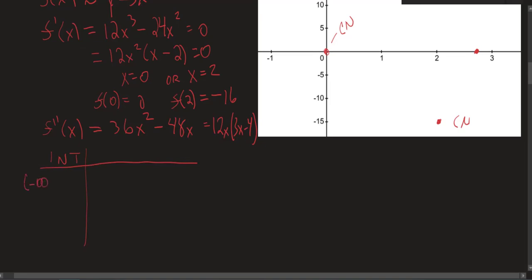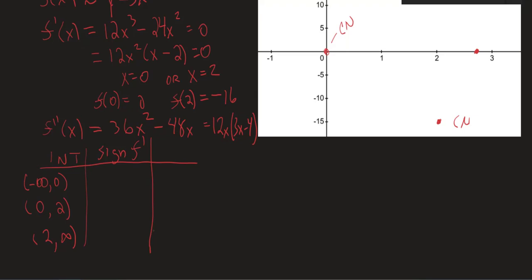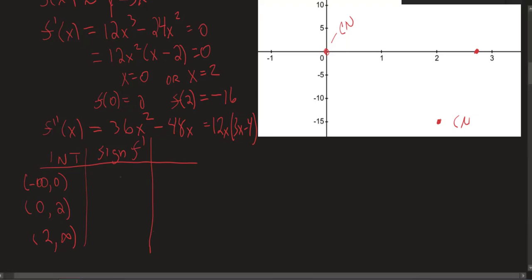So negative infinity to 0, 0 to 2, and then 2 to infinity. Then we're going to look at the sign of f prime. So all we do is pick a value on that interval and test it in the derivative. So if I do x equals, let's say, -1 and plug it into f prime, the answer ends up being negative. Okay, so the conclusion is that f is decreasing on that interval.